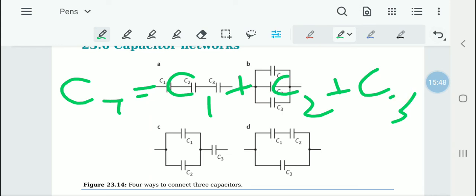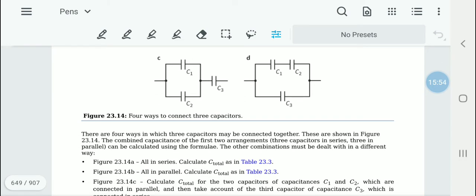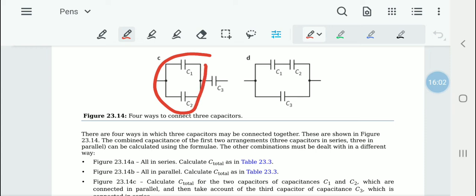Then for part C, first of all we have to calculate for these two. Then C total is going to be C1 plus C2 for these two.